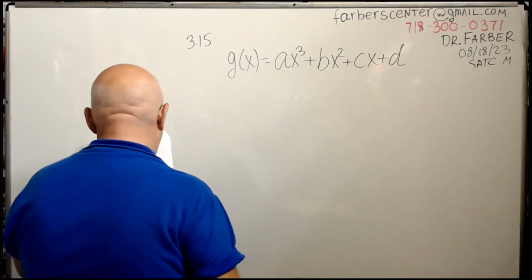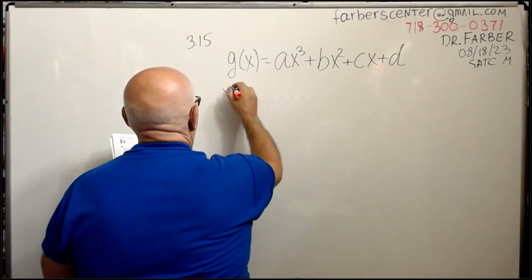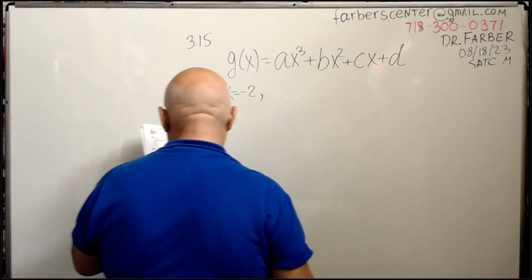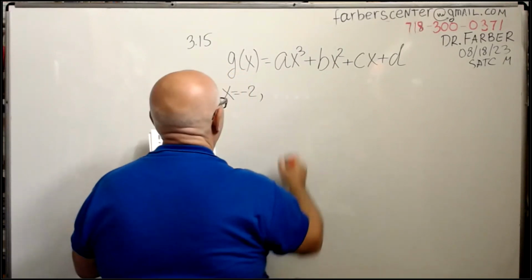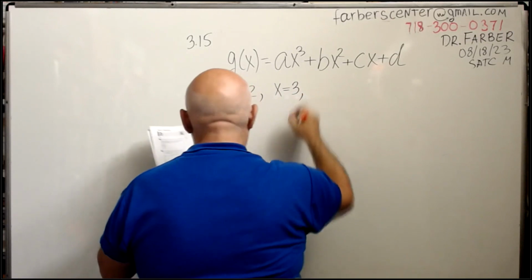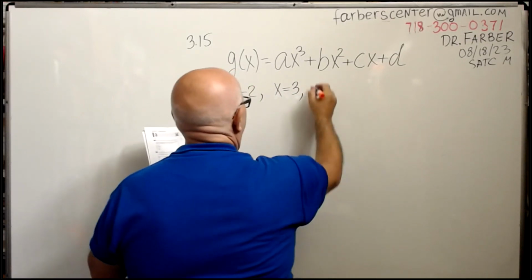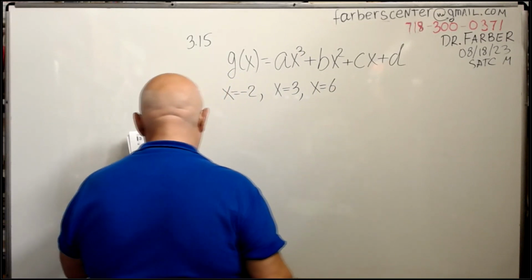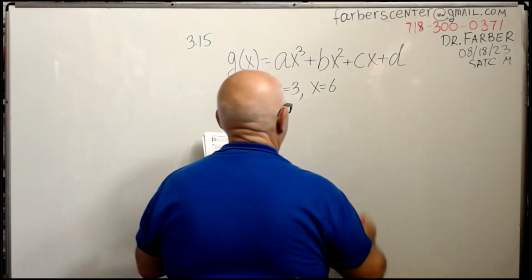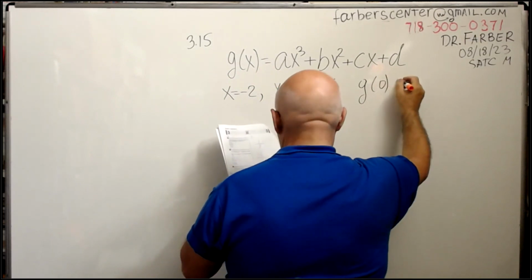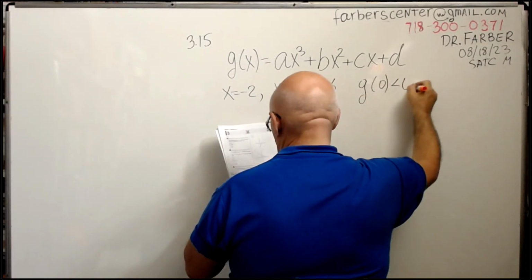We know that x equals -2, x equals 3, x equals 6, and g(0) less than 0.